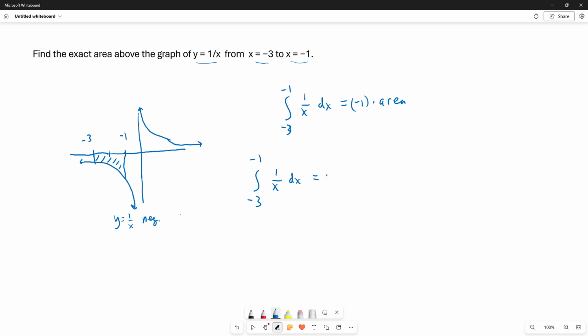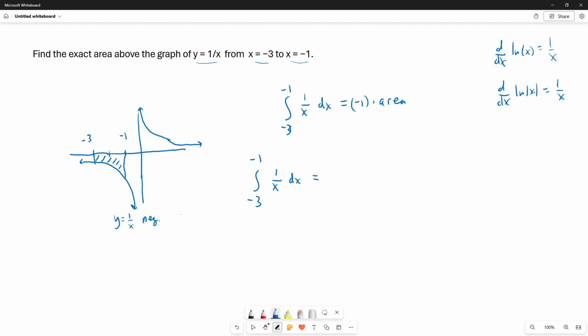The Fundamental Theorem of Calculus says find an antiderivative of 1 over x, and we probably recall that the derivative of the natural log of x is 1 over x, and also the derivative of the natural log of the absolute value of x is still 1 over x.